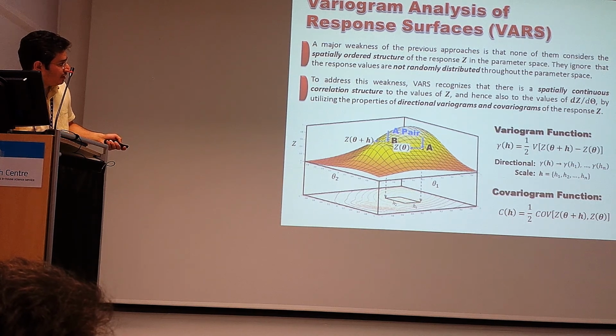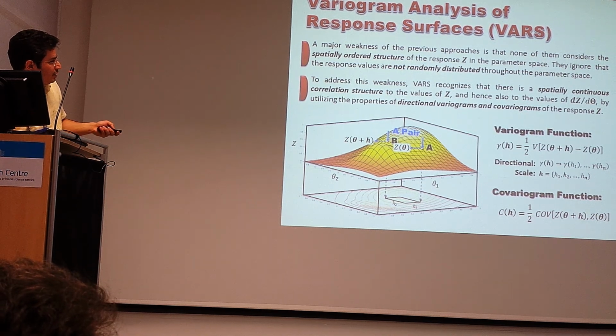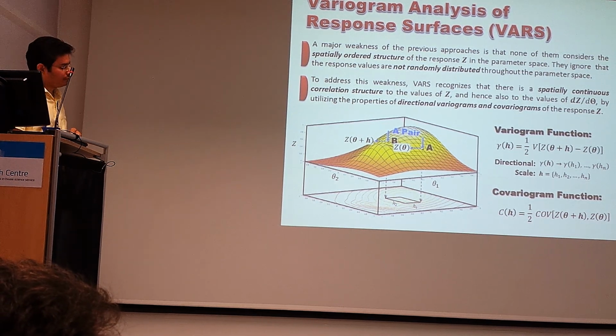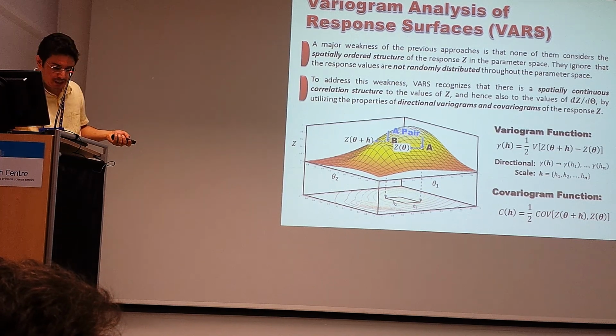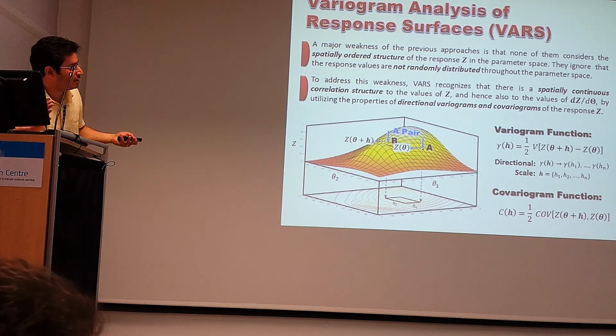The distance between the two is characterized by vector h, with ordinates h1 along the parameter θ1 and h2 along the parameter θ2. So I have two response values for two points that are this much apart, characterized by vector h. So we can derive the variogram and covariogram function basically for any response surface.